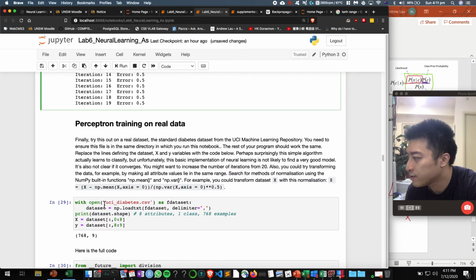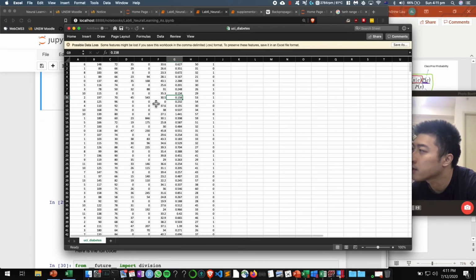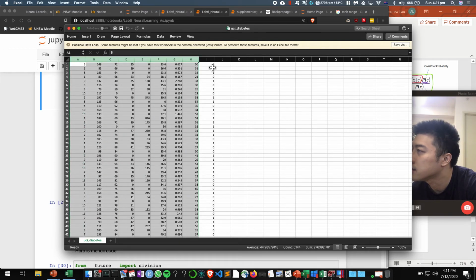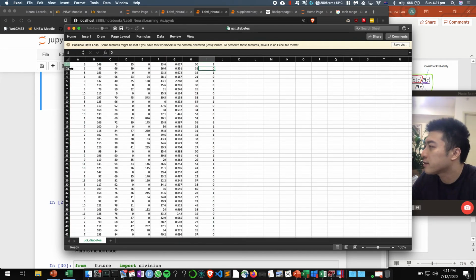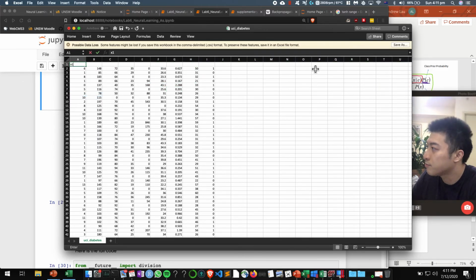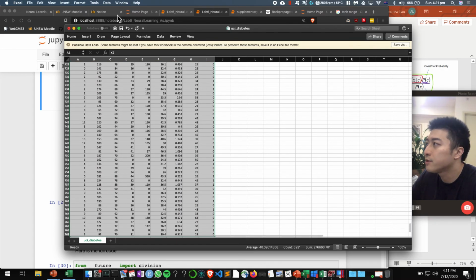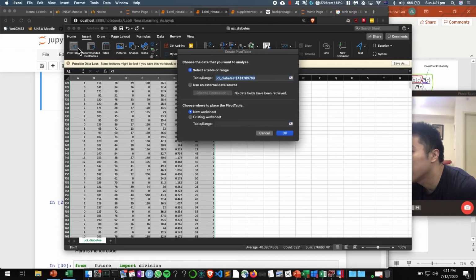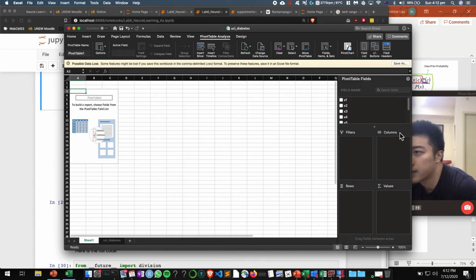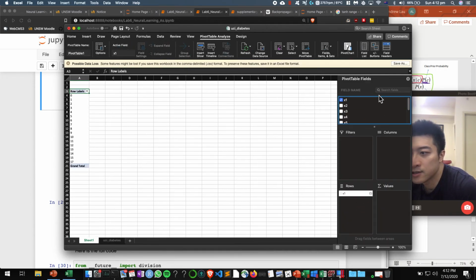And this one here, we have this UCI diabetes data set, which looks like this. So these are all the features, and that's the target, right? I don't exactly know what each of these features are, but that's X1, say X2, X3, X4, X5, X6, X7, X8, and then this is the target. Obviously you can play around with the data, have a look at what's going on, see if there's some kind of link between anything.